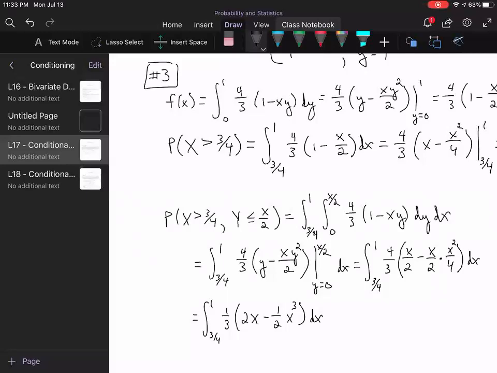And then from here, I integrate. So I've got the 1/3, and then 2x integrates to x squared, minus x to the 4th over 8. And this is evaluated from 3/4 up to 1.